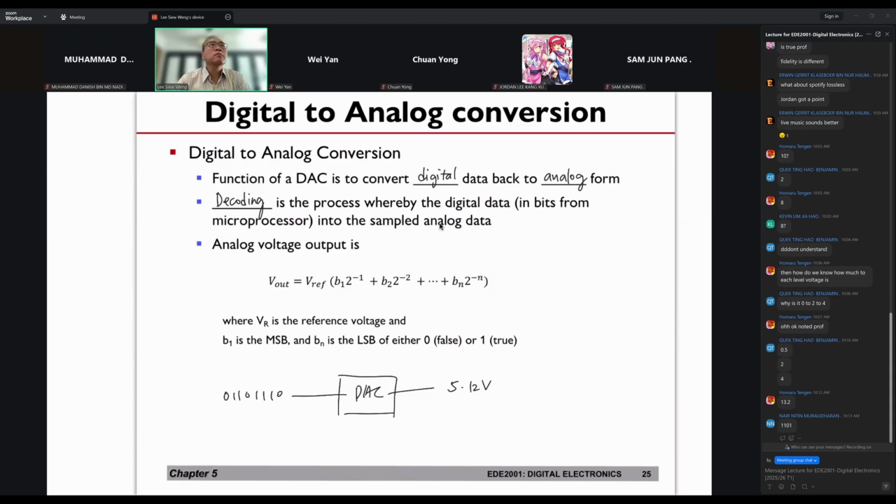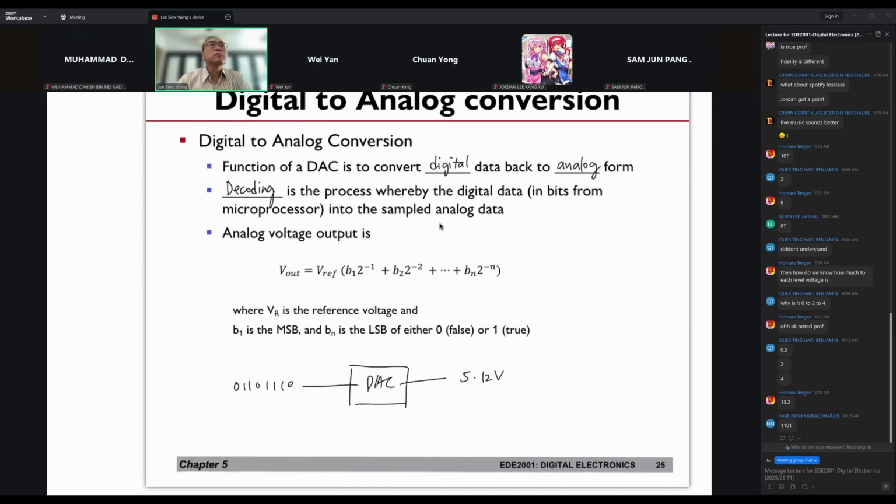It is always generally in this form: VREF multiplied by the MSB bit times 1/2, plus the next binary bit times 1/4, and so on, plus the last bit times 1/2 to the power of n, depending on how many bits you have.